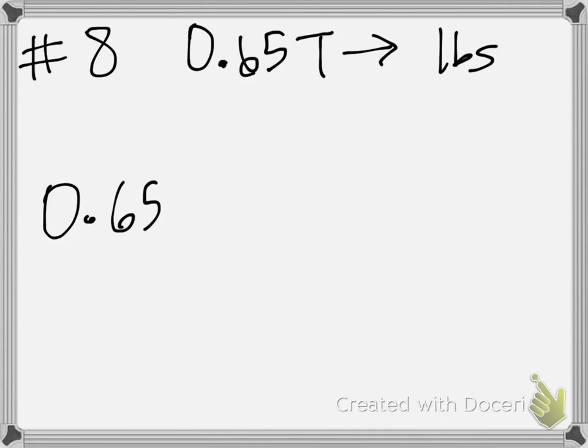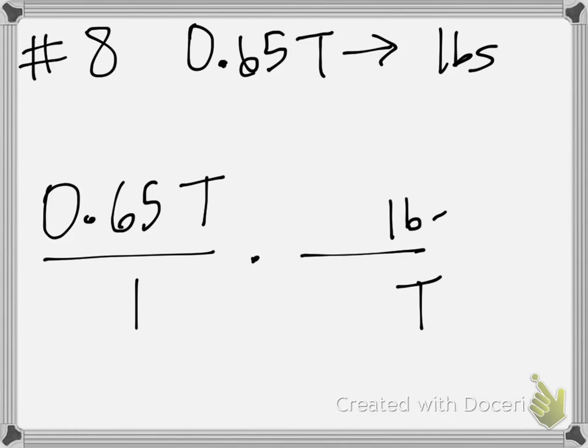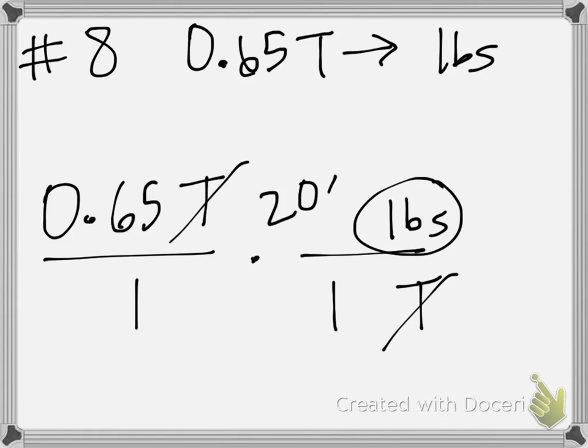So if we have 65 hundredths tons, that's going to be a fraction, and we have to convert this. So tons is going to go down here and pounds up here. The reason is we're canceling these out, and we want to just be left with pounds. So let's fill in our conversion rate. For every 1 ton, there's 2,000 pounds. And so to solve this, we're going to multiply going straight across.